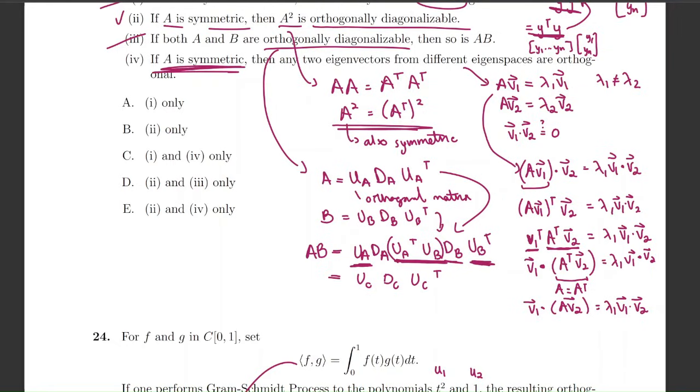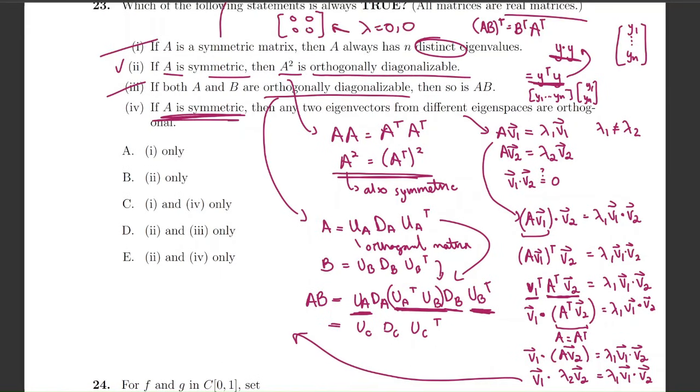So we can rewrite this now as V1 dot lambda 2 V2 equals lambda 1 V1 dot V2. Okay, then we can rewrite this whole thing as lambda 2 minus lambda 1 times V1 dot V2 is equal to 0.